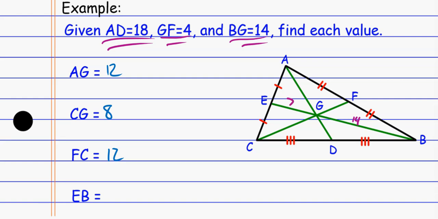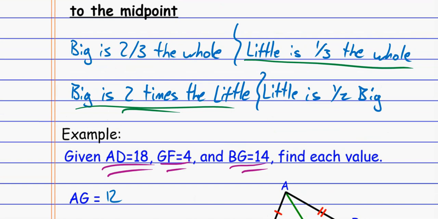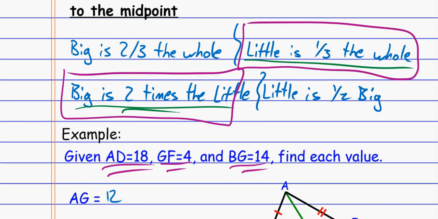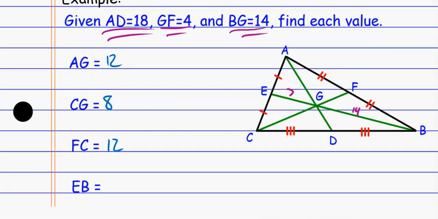And notice, I'm really only talking about this from the perspective of two of these things up here. I'm basically using this guy, the 1/3, and this guy, all right? This other thing kind of happens automatically, but if I just remember, hey, the little piece is 1/3 the whole thing, the big piece is twice the little piece, makes this really easy, okay? So in this one, the big piece is 14, the little piece has to be 7.